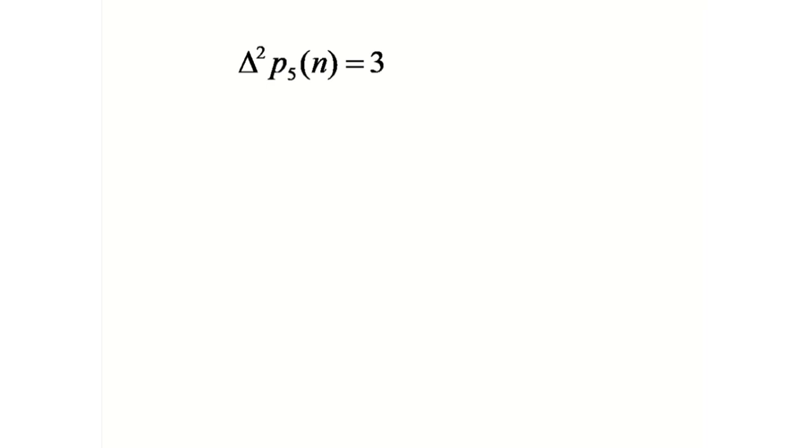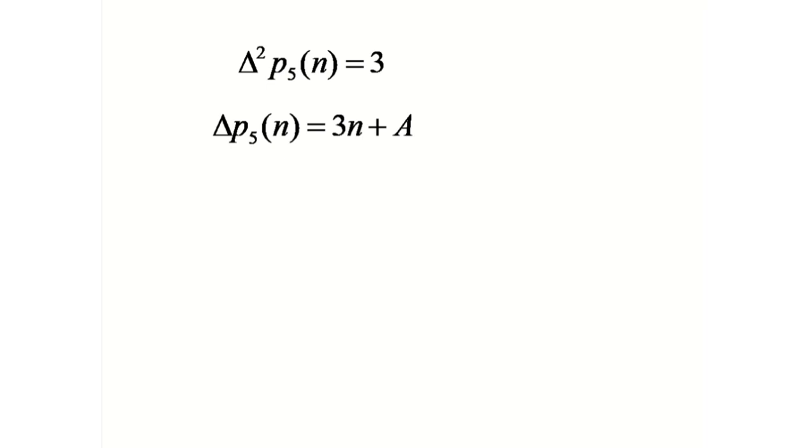If the double difference equals 3, then using some hit and trial or some intuition, we can write the single difference as 3n plus some constant a, which looks very similar to integrating.